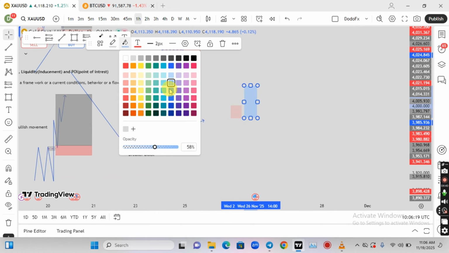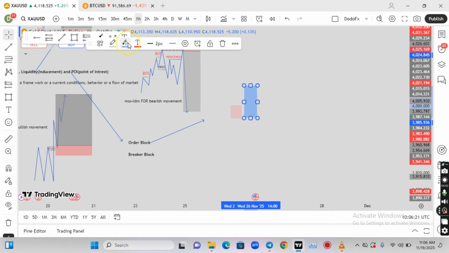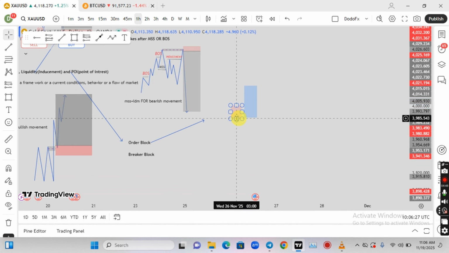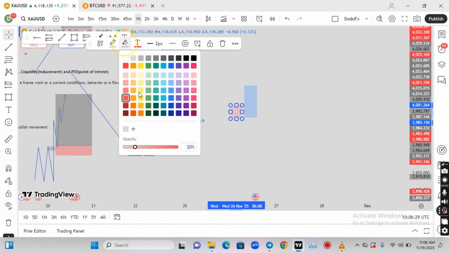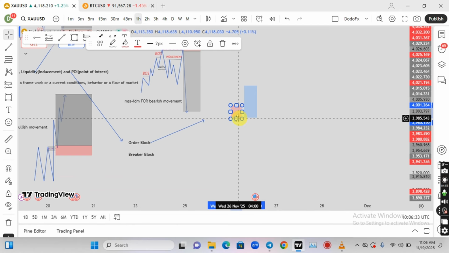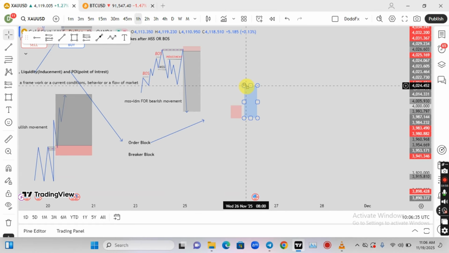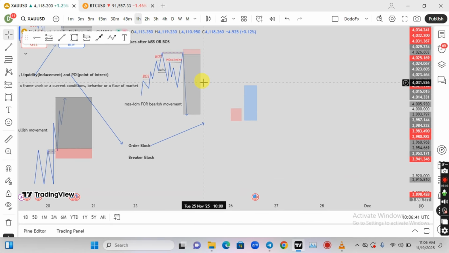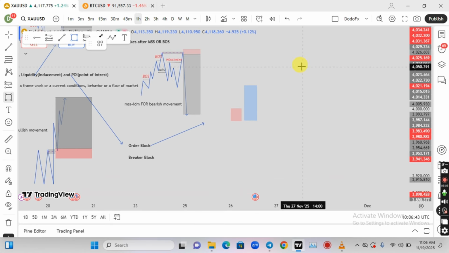Sorry, I'm trying to pick out the right color. I'll make this. So we have the bullish order block, and let's draw the bearish order block.